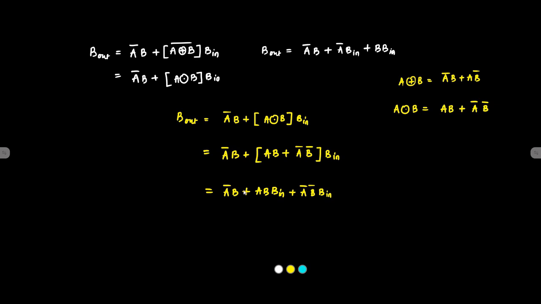Here we have B common in these two expressions. If we take B common here, we get B (A bar or A Bn) or A bar B bar Bn.